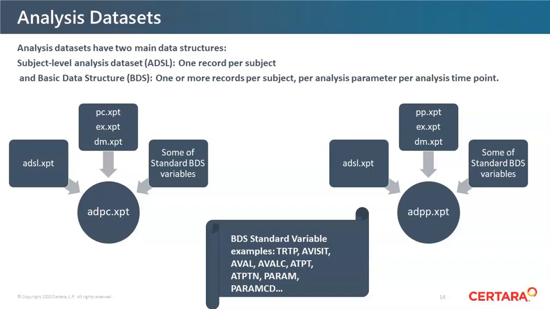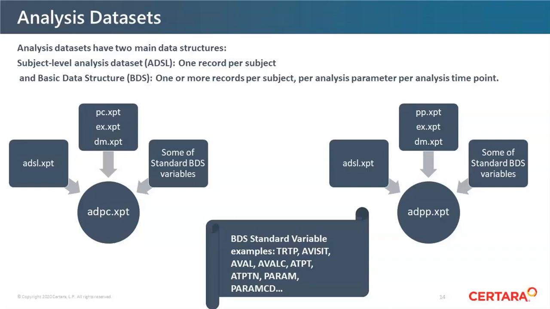The BDS dataset is usually a combination of some ADSL variables, SDTM variables for traceability, which is the main concept of analysis datasets, and also we have to add some standard BDS variables. I need to mention here that at least one treatment variable is required in a BDS dataset.